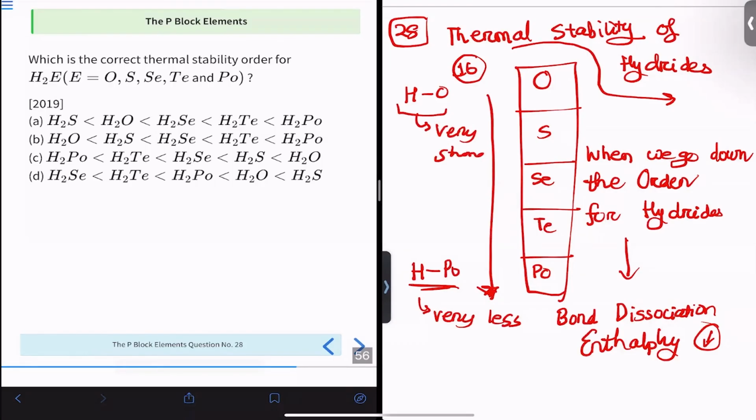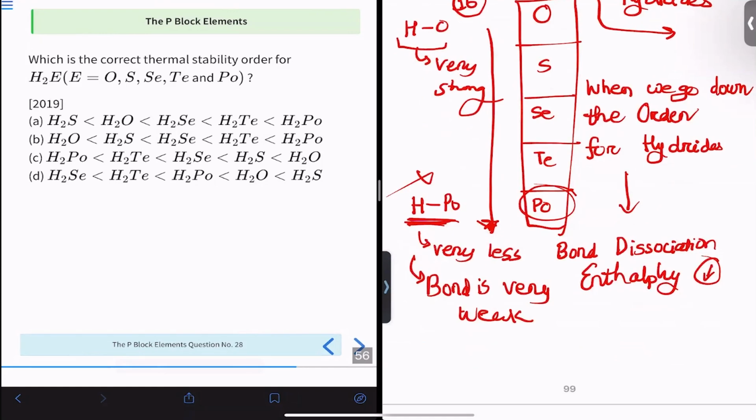To find out the thermal stability, if the bond dissociation enthalpy is very less, that means this bond is very weak. Only a slight amount of heat can break this bond, so it has a very less thermal stability.